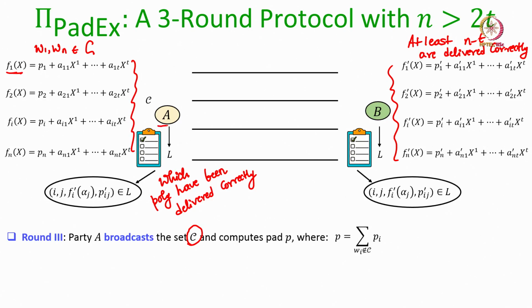The party A has absolutely no way of finding out what was the version of the first polynomial that B has received and what is the version of the nth polynomial that B has received. So, there is no point in working with them.